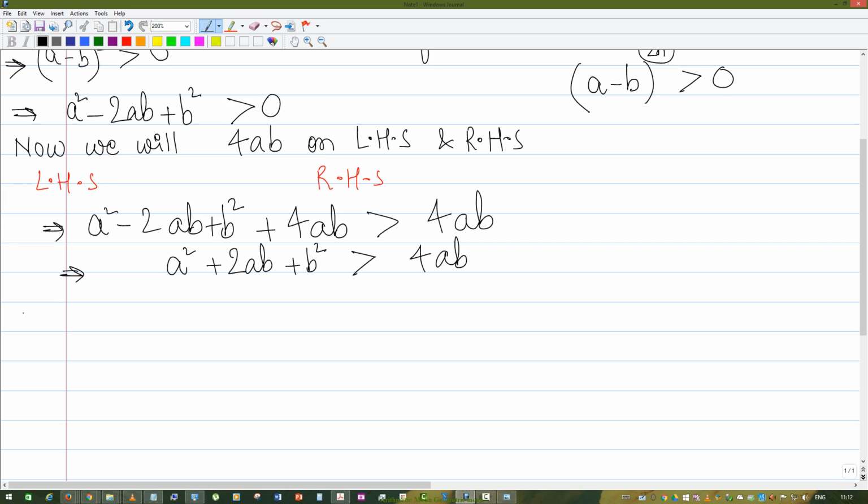Solving further, we have the square of the sum A plus B, which is greater than or equal to 2 times 2AB, as we have split 4 into 2 multiplied by 2. Now we will take the 2 to the denominator of A plus B square, which is again mathematically correct. We have just cross multiplied and nothing else.